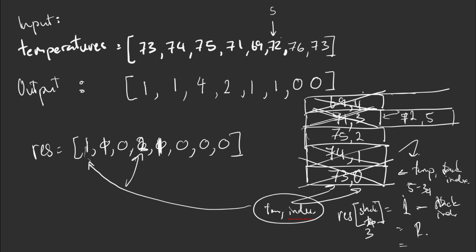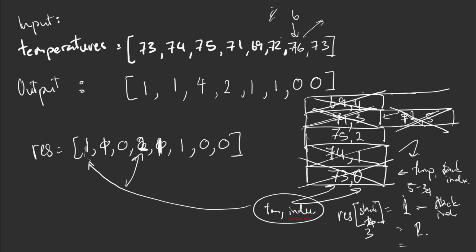And now we have 76, so we move this one to index number 6, and here 76 is larger than 72, so we do the same. We pop this one, we change to number 1 here at the index number 5, and then we pop it from the stack.